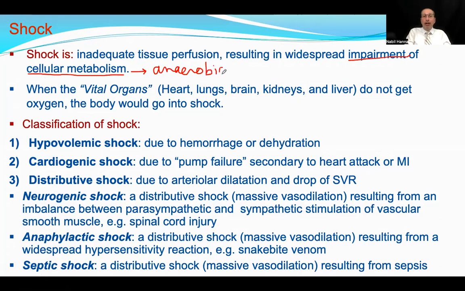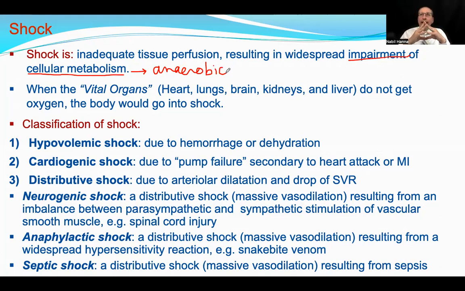So shock is a blood pressure that is so low that it forces the cells that suffer from inadequate perfusion to do anaerobic metabolism. The blood pressure is very low, the tissues are inadequately perfused, and the cells within these tissues are forced to do anaerobic metabolism.